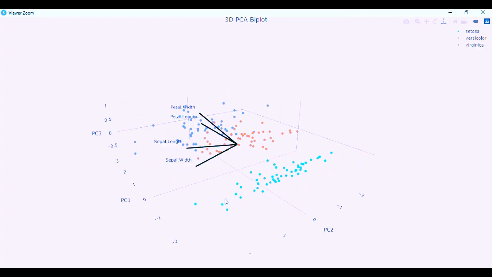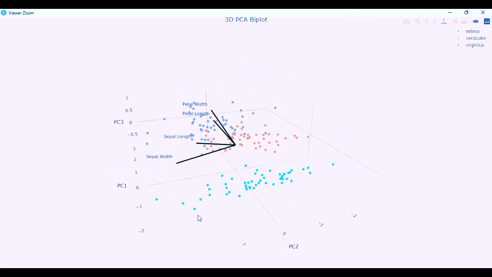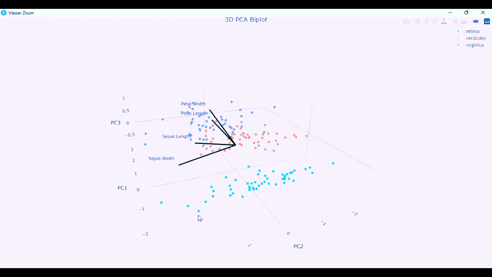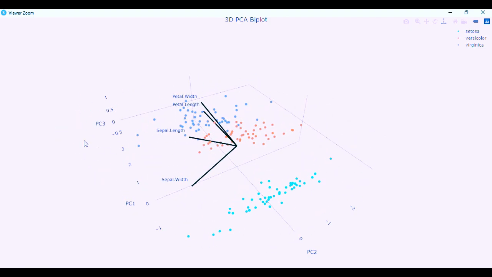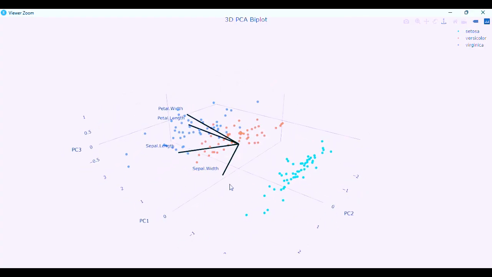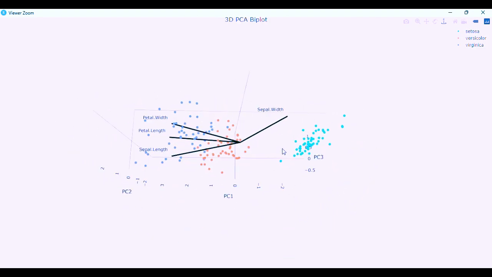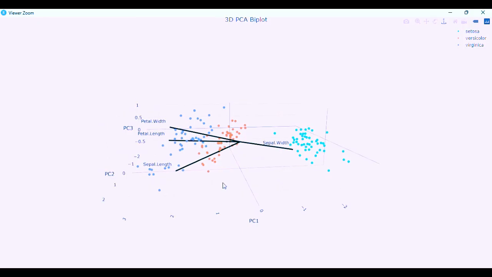When the Kaiser rule indicates that we need to keep 3 dimensions, for example if 3 principal components have an eigenvalue greater than 1, instead of drawing one PCA 2D between the first and second components and another between the first and third components, it's recommended to switch to the PCA 3D to show the 3 dimensions retained according to the Kaiser rule.